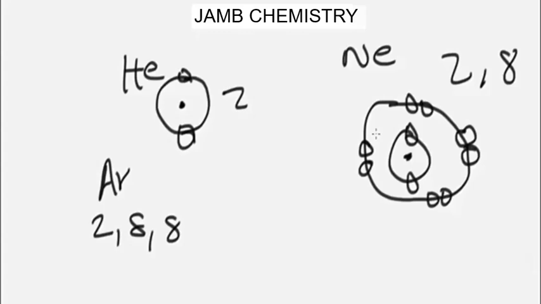Since these noble gases are completely filled with electrons at their atom shell, they don't need to fight for stability again by either losing or gaining electrons, whereas other metals and non-metals react by losing or gaining electrons to gain stability, so that their atomic shell will be completely filled.